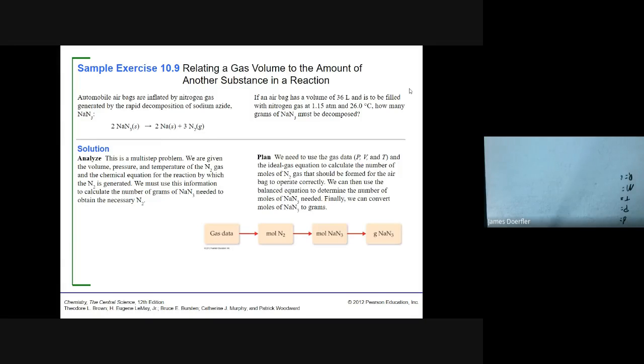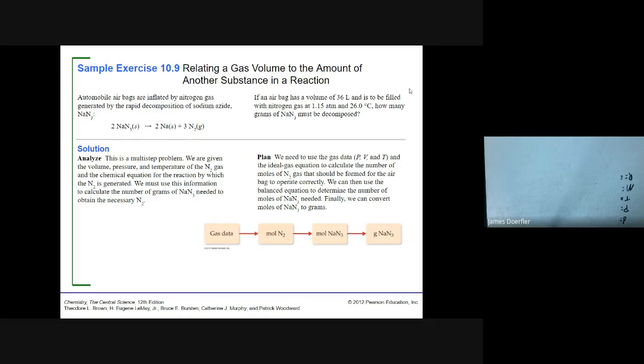We haven't seen one of these in a while, a flow chart. So here are kind of the steps. If you want to, you can cross out these; this is specific for this particular question. But you're always going to start off with your gas data. What information do we know?